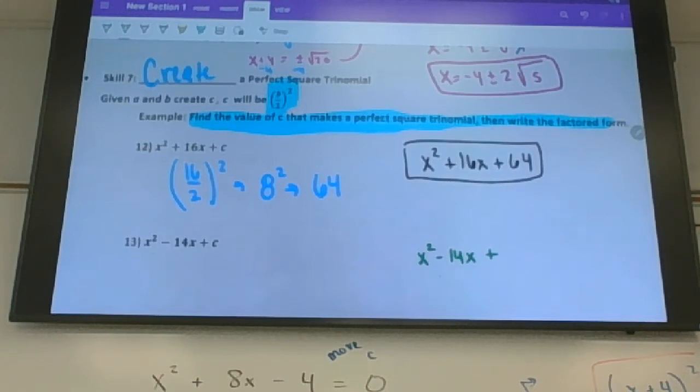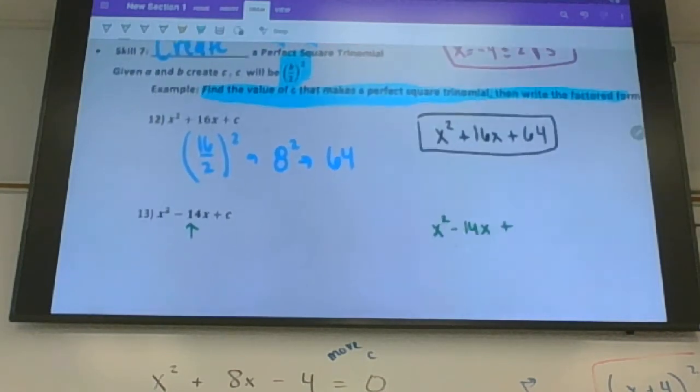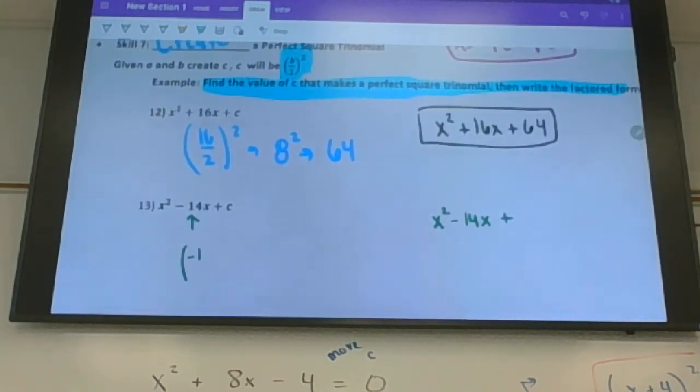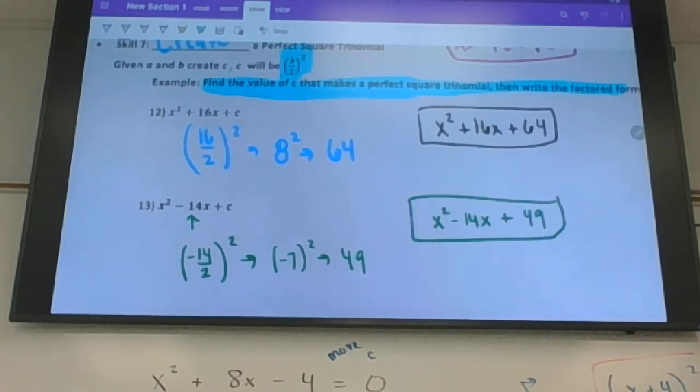Can you tell me what B is in 13? I'm going to put negative 14 over 2, and I'm going to square it. That's negative 7 squared. That's 49. The best number I could ever hope and wish for in this problem would be a 49. That'd be my favorite number in that problem.